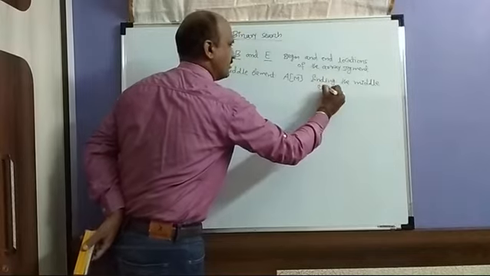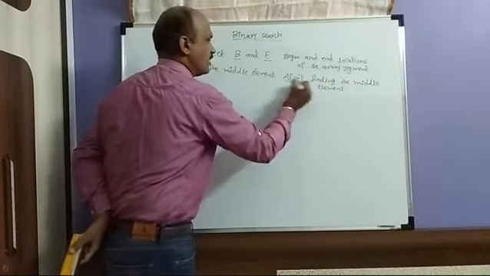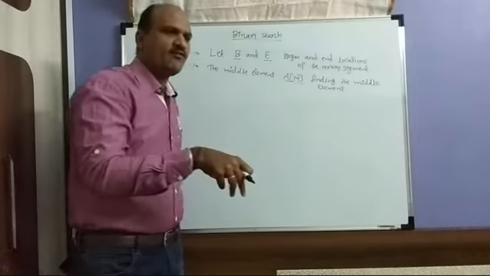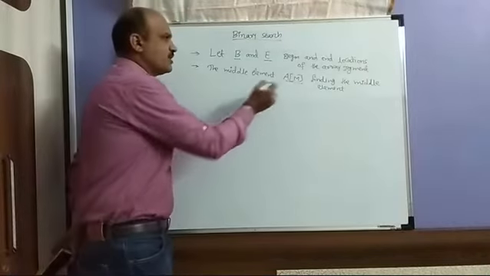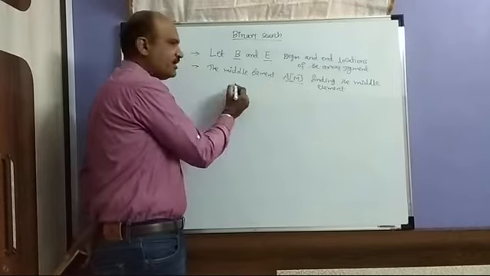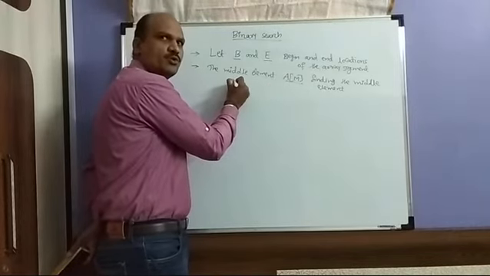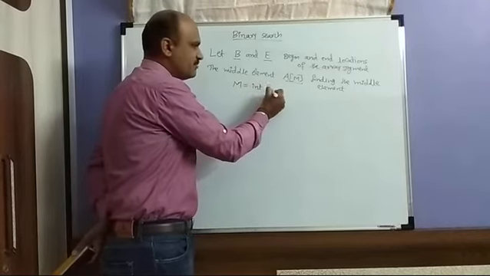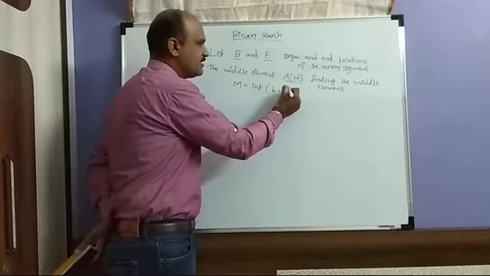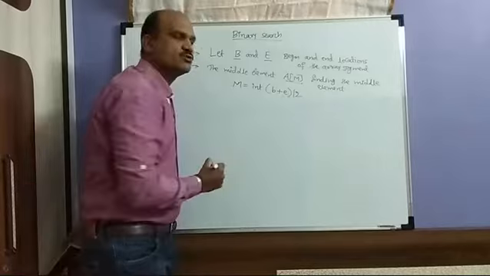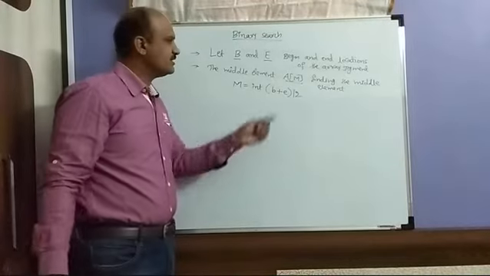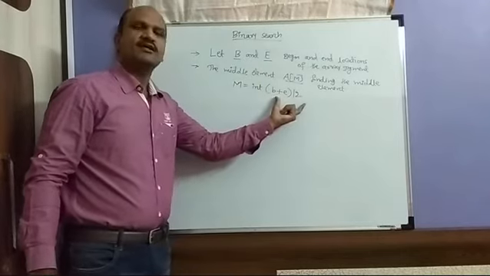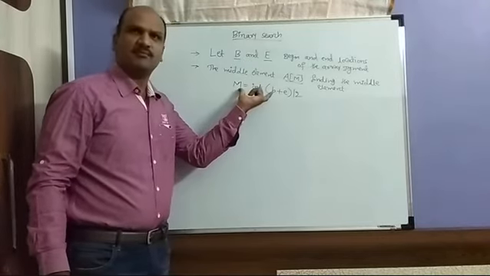The location is M, so you write M is equal to integer of beginning plus ending divided by 2. So with the beginning of the array and the end of the array divided by 2, we will get the middle element.